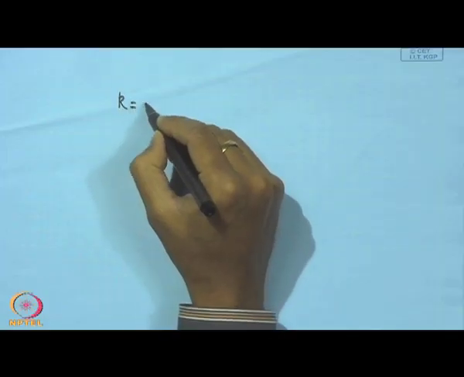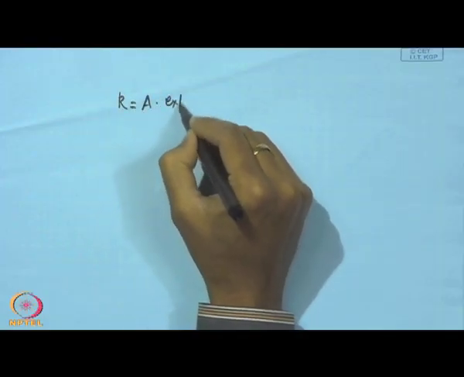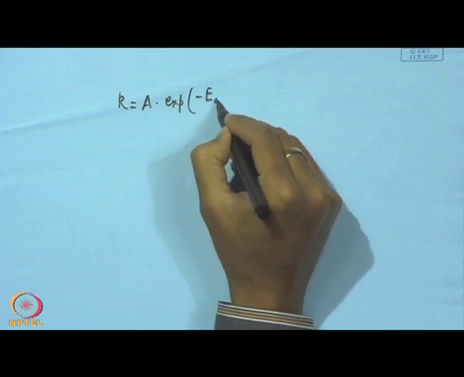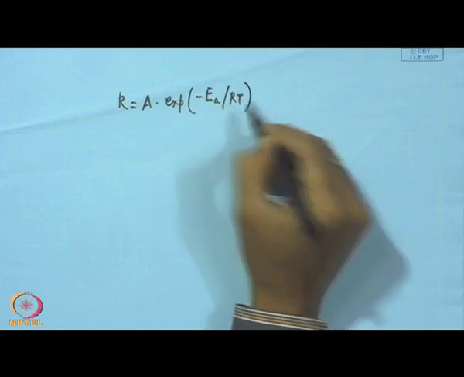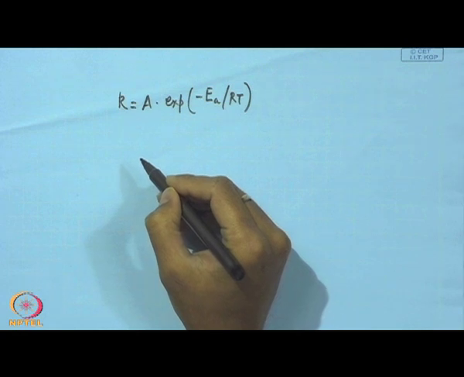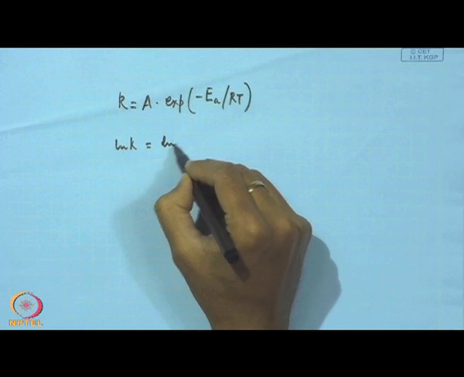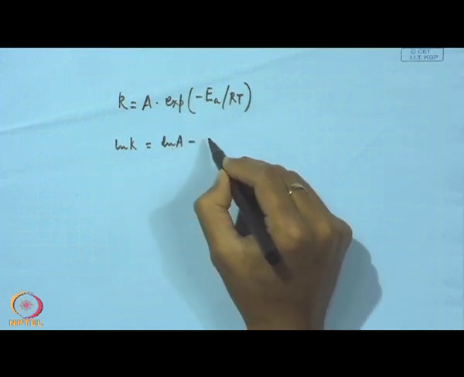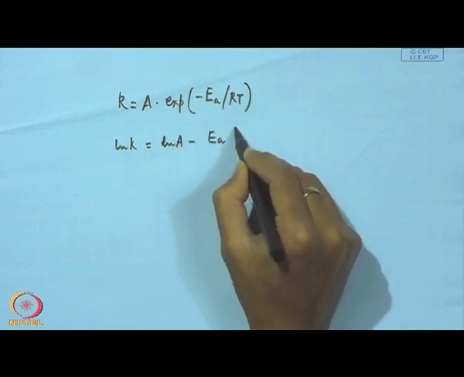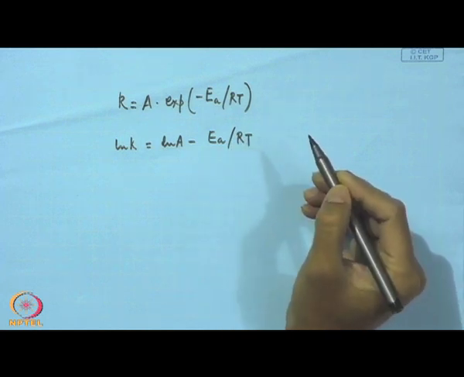Now, next, if we differentiate with respect to absolute temperature, we have k is equal to A into exponential to the power minus EA by RT. You take logarithm on both the sides. So, ln k is equal to ln A minus EA by RT.